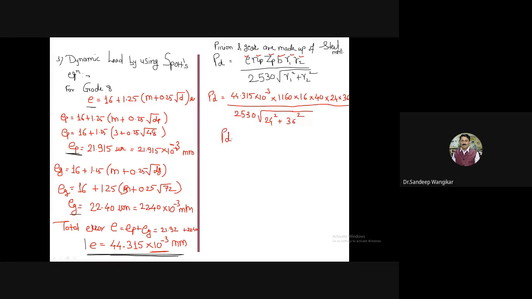Do this calculation very slowly and let me know the answer for this. All are getting the same? 2-3 more cases. 257, 258, 257 point something. What is your answer? Put once again. Okay, 257.82. Okay, 259. Okay.